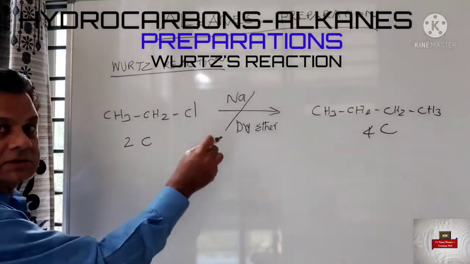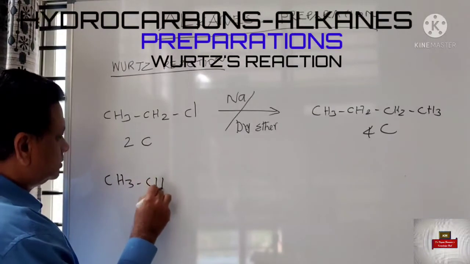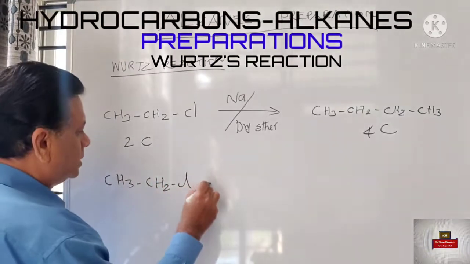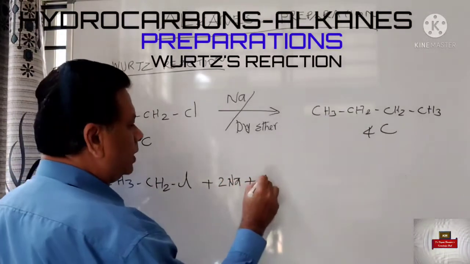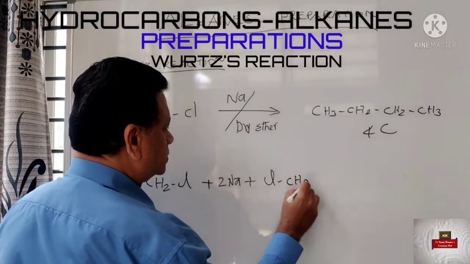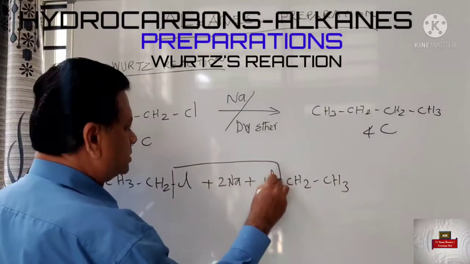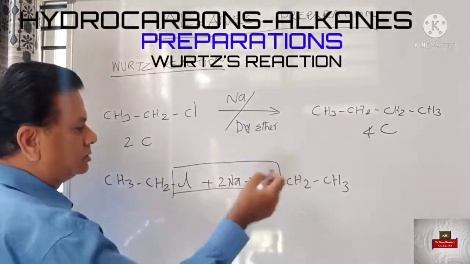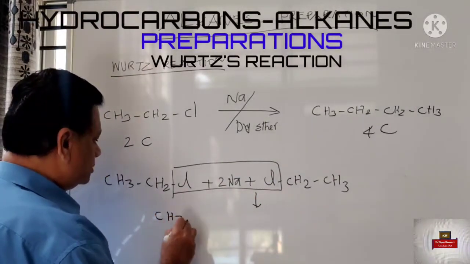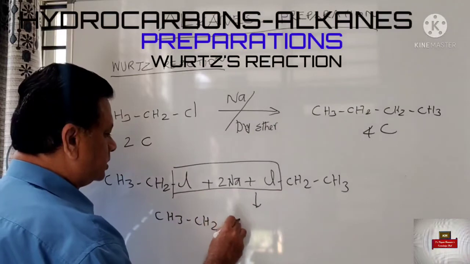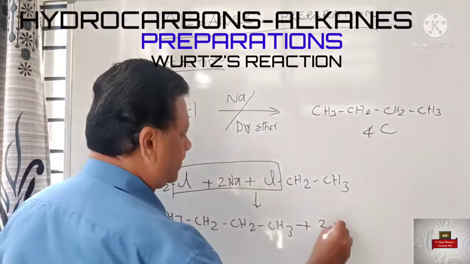Now, how do we write this mechanism? So take CH3 CH2 Cl plus 2Na plus Cl CH2 CH3. Simple. Eliminate these 2 chlorines, they go with sodium, and you get CH3 CH2 CH2 CH3 plus 2NaCl.